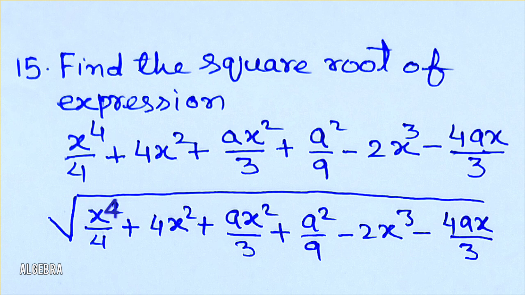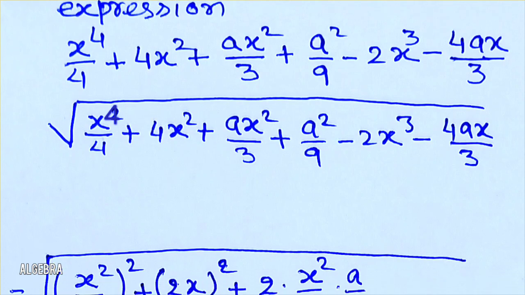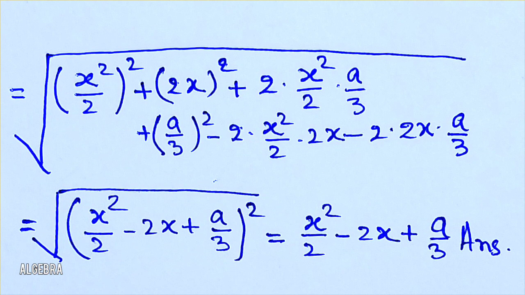Square root of x^4/4 + 4x^2 + ax^2/3 + a^2/9 - 2x^3 - 4ax/3 is equal to the square root of (x^2/2)^2 + (2x)^2 + 2 into x^2/2 into a/3 + (a/3)^2 - 2 into x^2/2 into 2x - 2 into 2x into a/3, which is equal to the square root of (x^2/2 - 2x + a/3)^2, which is equal to x^2/2 - 2x + a/3. Answer.